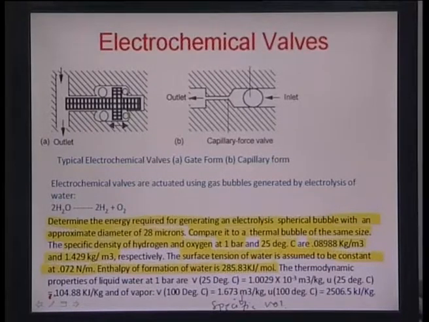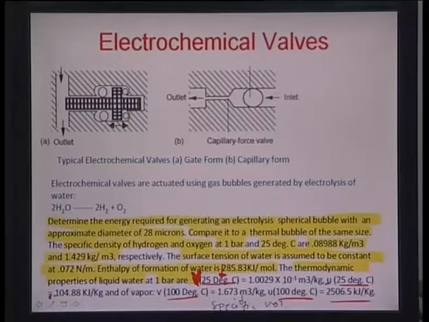Some other thermodynamic properties of liquid water at 1 bar pressure are given too: the specific volume at 25 degrees Celsius, the internal energy U at 25 degrees Celsius, and similarly the specific volume and internal energy at 100 degrees Celsius.